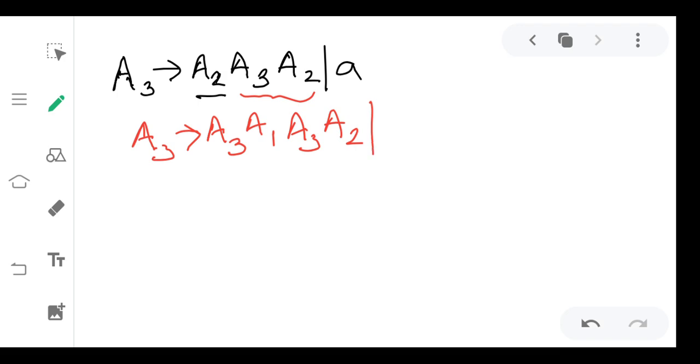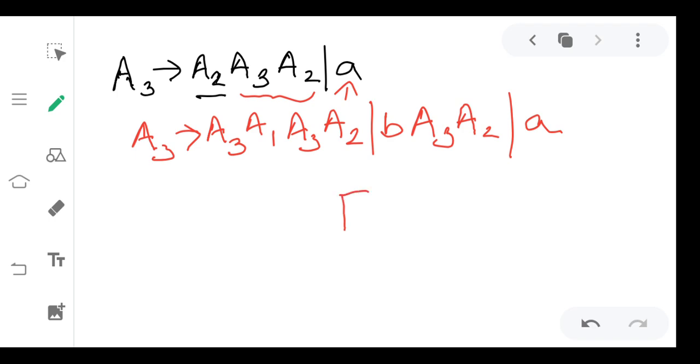A2 has another production as A2 produces b. So instead of A2, here we have to replace small b. Again this A3, A2 has to come over, and then A3 has another production, that is small a, so that has to come over here.